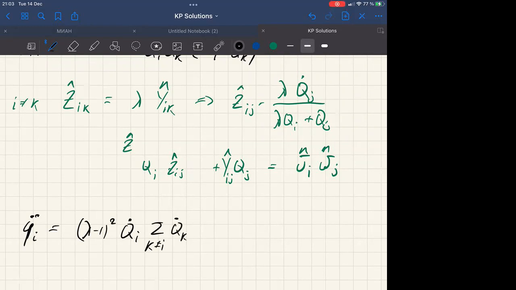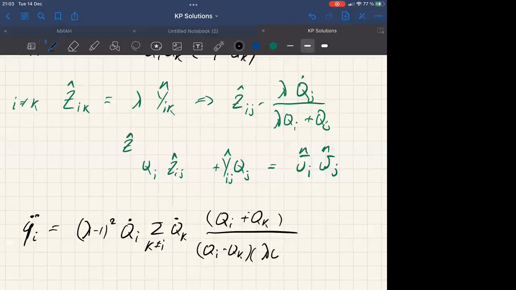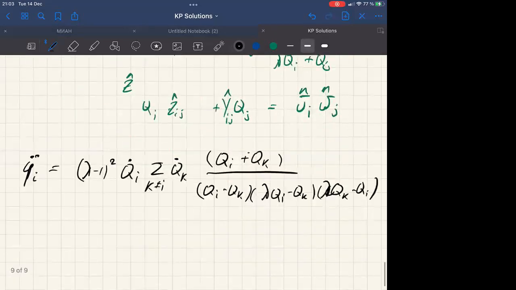Okay, to I plus okay, to I minus okay, lambda I minus okay, lambda okay minus I. And we see here that these are equations of the trigonometric Ruijsenaars-Schneider system.